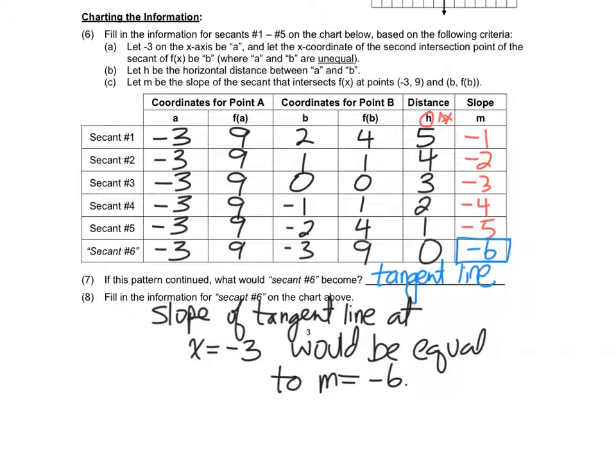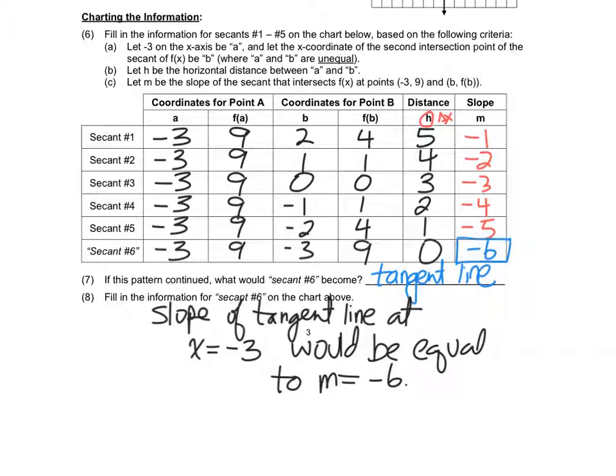You can't take change of y over change in x with 2 identical coordinates. But if you could figure out where the slopes are going as the horizontal distance between points decreases, then you can get a sense of what your slope is actually approaching. What it's actually approaching would end up being the slope of the line tangent to that curve, whatever curve you're dealing with at that particular location.